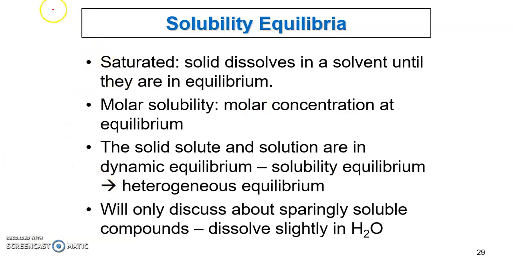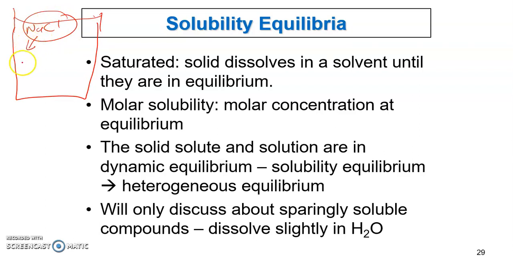For example, if we have a salt solution, an NaCl solution, remember that NaCl is ionic, and it can dissociate to become Na+ and Cl−.